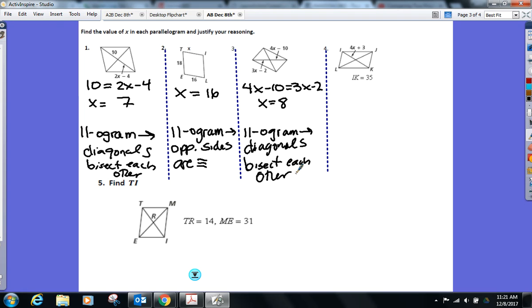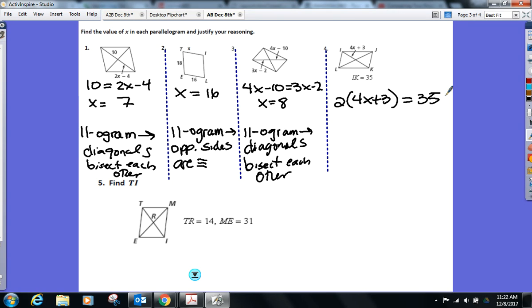Okay, a little bit different for number 4. I tell you this piece of the diagonal is 4x plus 3, but then I told you the entire diagonal has a length of 35. Emily, need somebody. What do you think I can do here, Emma? This piece is 4x plus 3, but the entire diagonal is 35. So go ahead, 2 times. There you go. I know this is getting a little redundant about parallelogram implies diagonals bisect each other, but we'll get to angles in a second. Emma, need somebody to solve this for me.